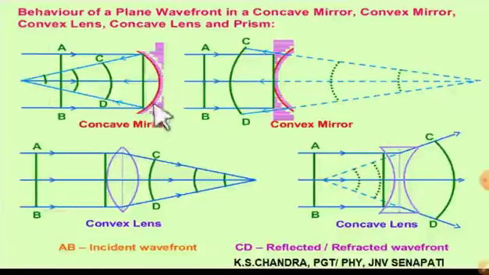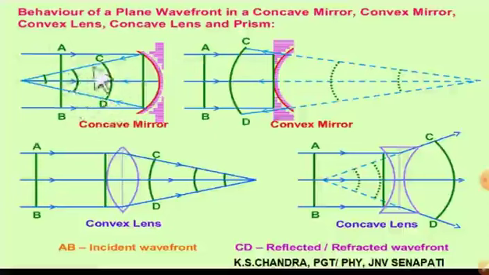In the case of reflection from a concave mirror, see the incident rays: they are parallel rays of light coming here. Parallel rays mean an incident plane wavefront. So it comes in with an incident plane wavefront, but when it is reflected back, it goes with a spherical wavefront.